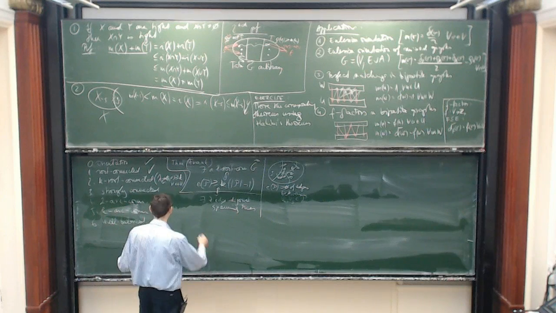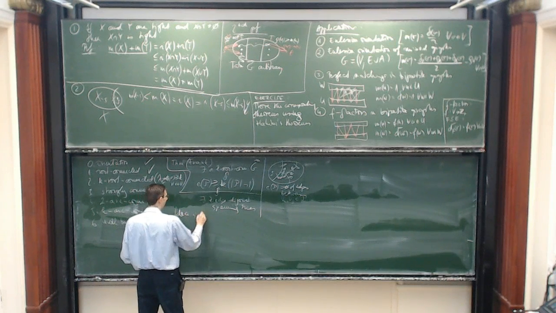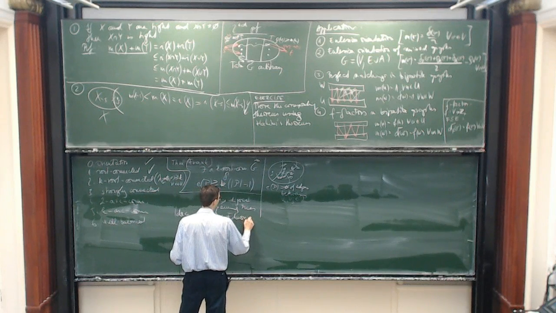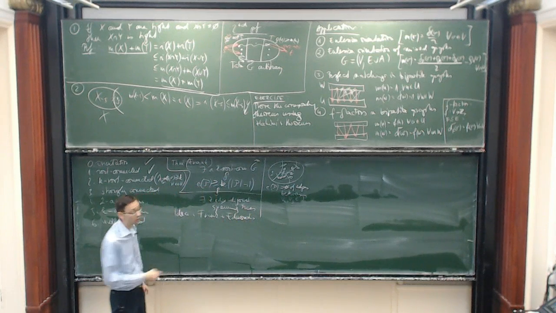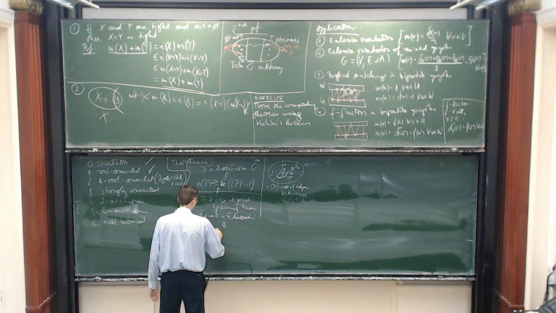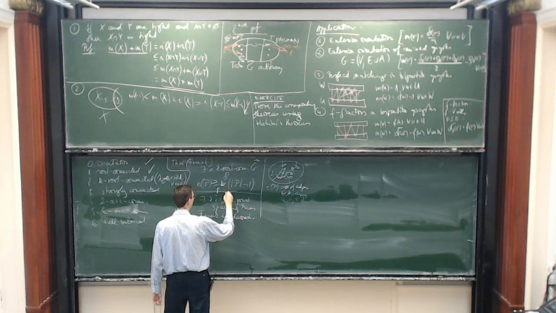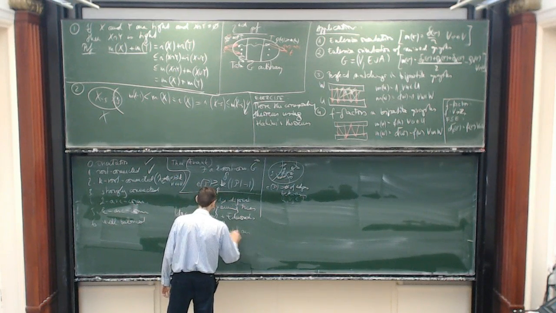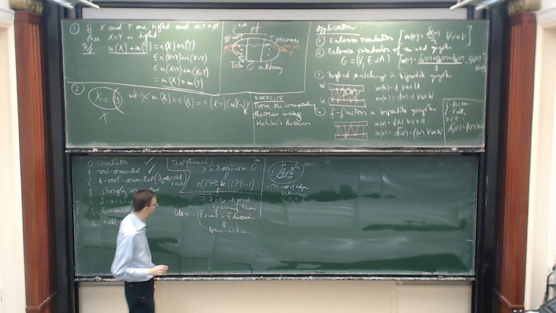And then the idea of Frank was simply using his orientation plus Edmonds' directed version, packing arborescences, then it implies Nash-Williams theorem, which is this result.